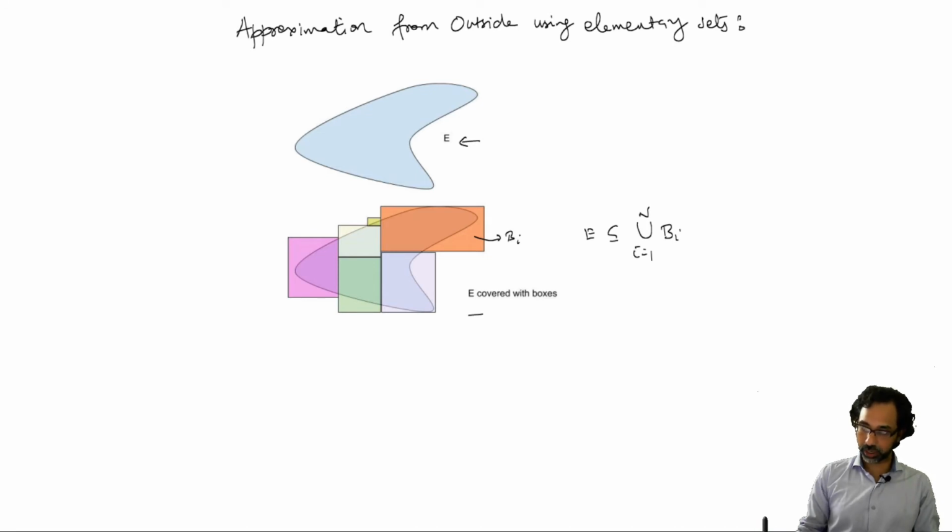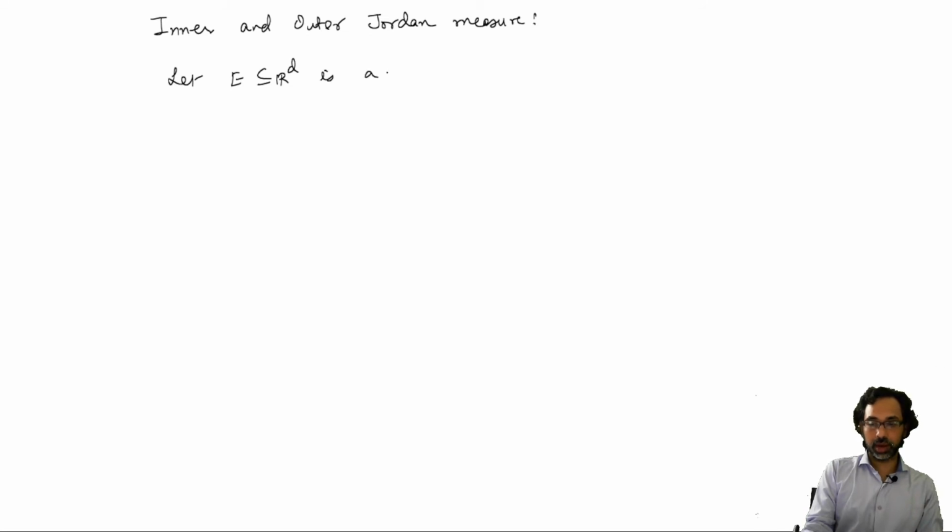So let's see how this is done. So this is the inner and outer Jordan measure. So suppose that E is a bounded subset of RD, which need not be an elementary set, it's just bounded.